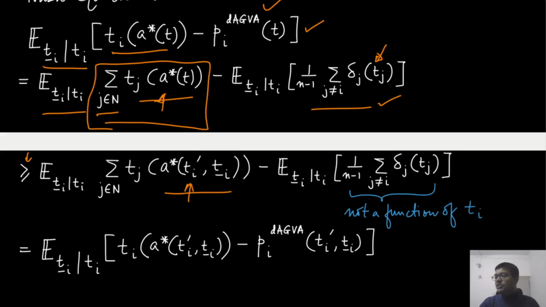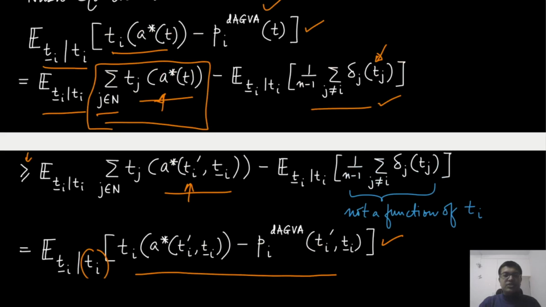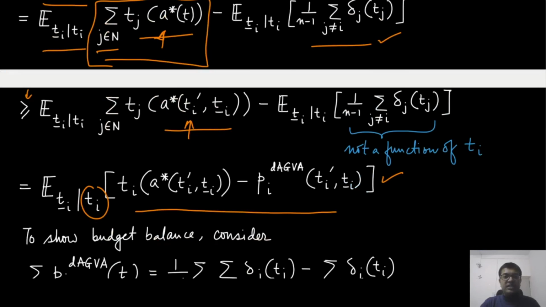For this change, the inequality should hold, and therefore you can again write this back in the same way that we have written before. So this is the utility of player i when he is reporting his type to be Ti prime. This shows that the dAGVA mechanism is Bayesian incentive compatible.